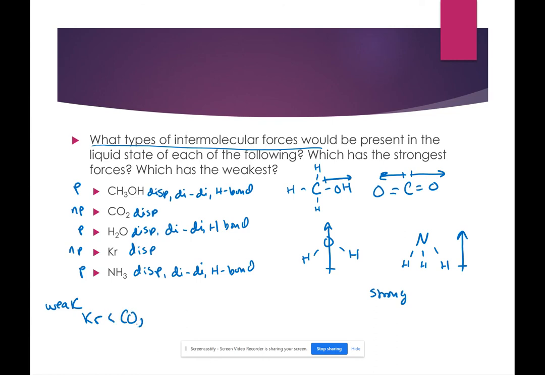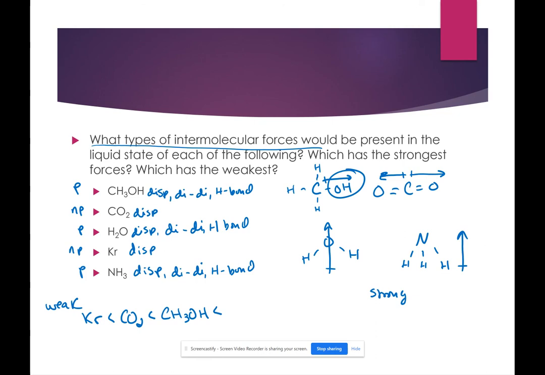Carbon dioxide comes next, and now I have to decide between my methanol, my water, and my ammonia. Methanol is actually going to come next because again, methanol only has that one tiny little polar area, whereas in water and ammonia, the entire thing is polar. After that, I've got to decide between ammonia and water.